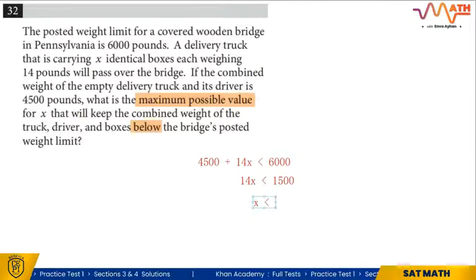When we divide 1,500 by 14, it's 107.14. Since x is the number of boxes, it must be an integer. So the maximum possible number of boxes is 107. This is the answer.